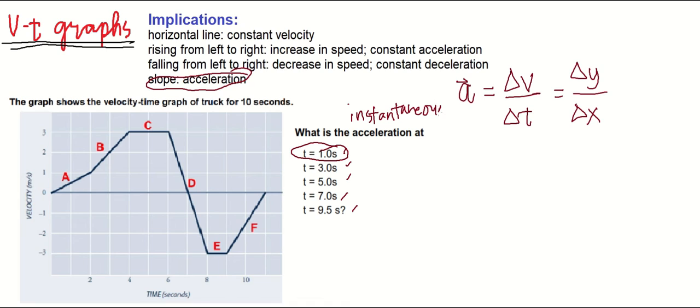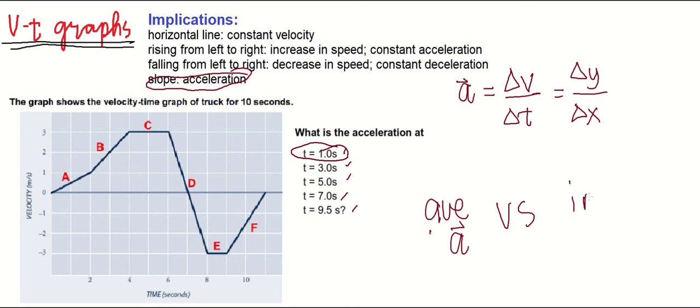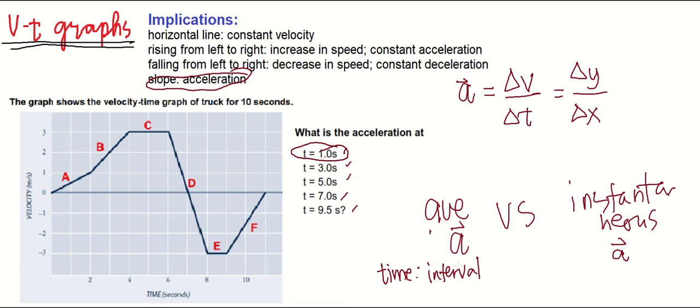Pag sinabing instantaneous, yung specific time lang, as in isang katiting na time within a certain interval. Ang sinasabi ko is the average acceleration versus the instantaneous acceleration. Ano yung pinagkaiba nila? Average, ang time dito is an interval, or relatively mahabang period of time yung tinutukoy natin.